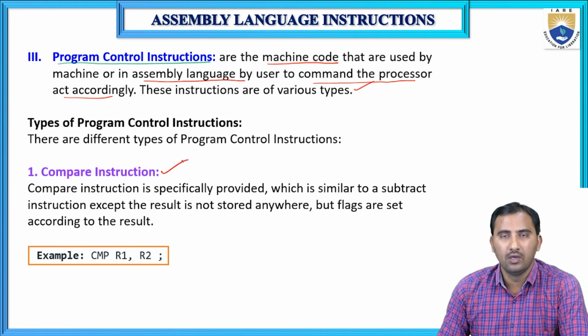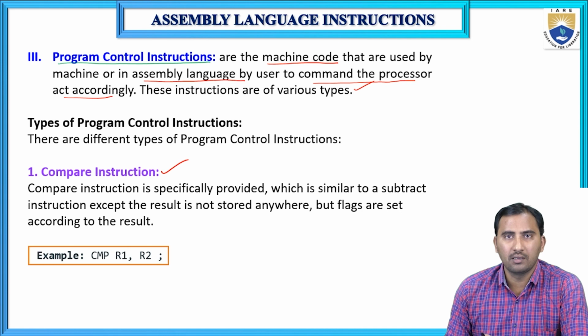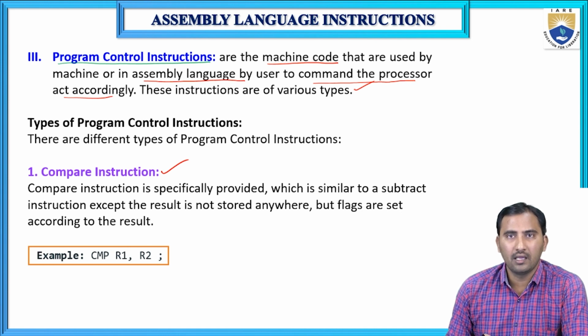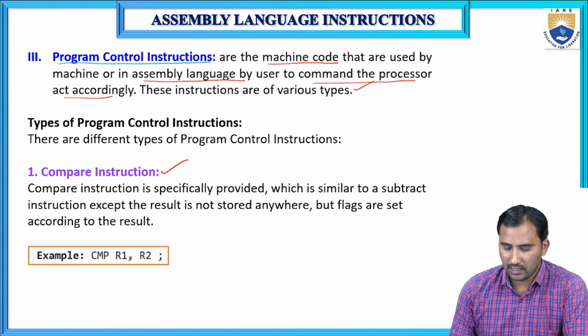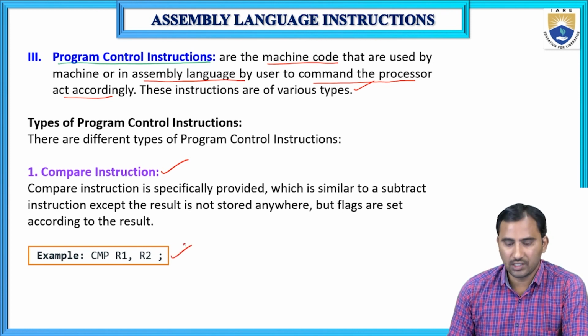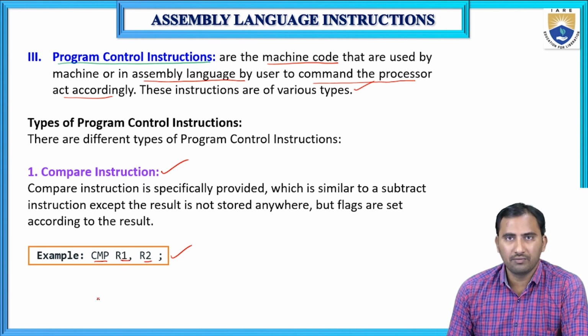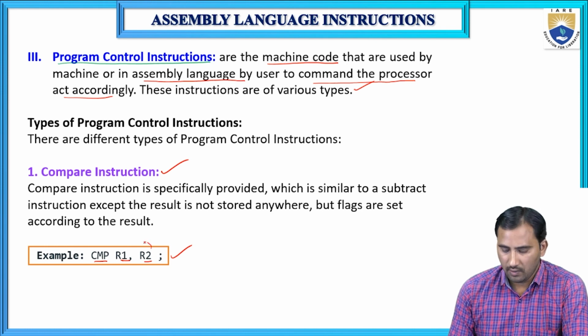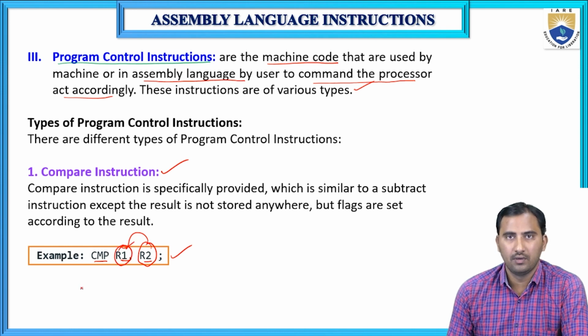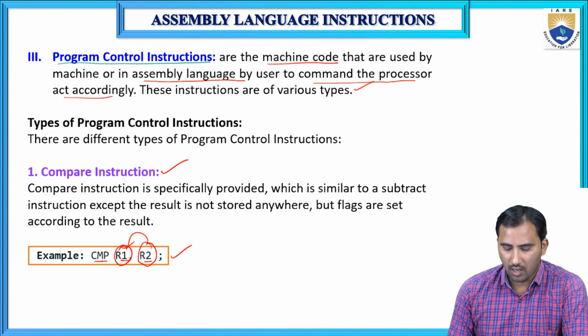the compare instruction. The compare instruction is nothing but comparing two values or two operands. The syntax of this compare instruction is CMP R1, R2. That means we are comparing the contents of the R2 register with the R1 register.